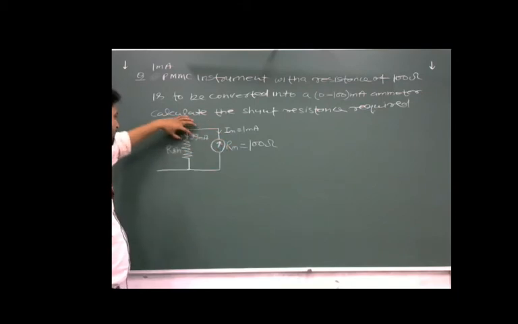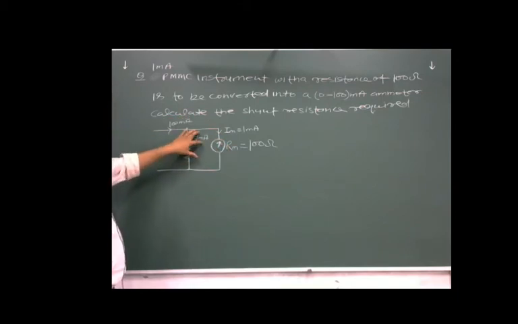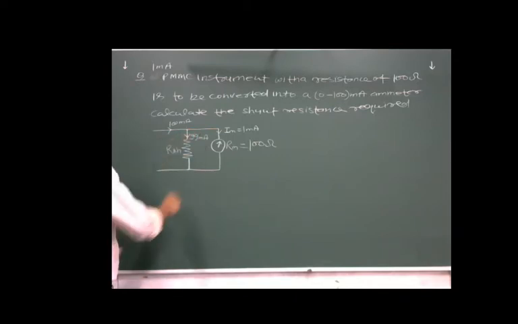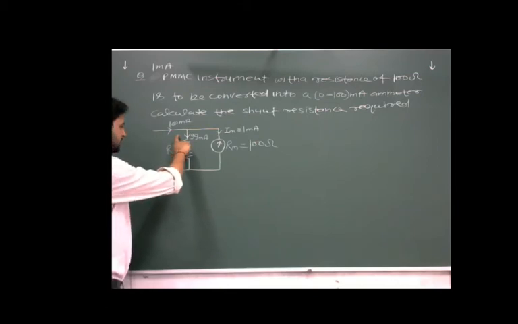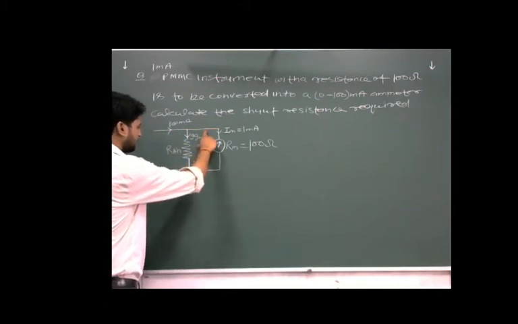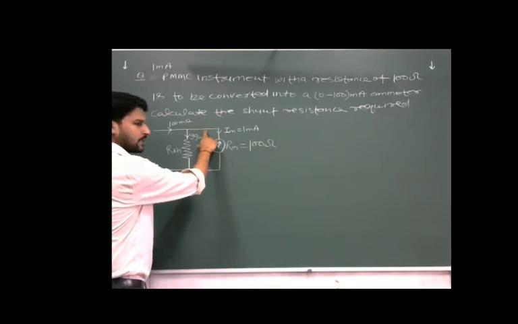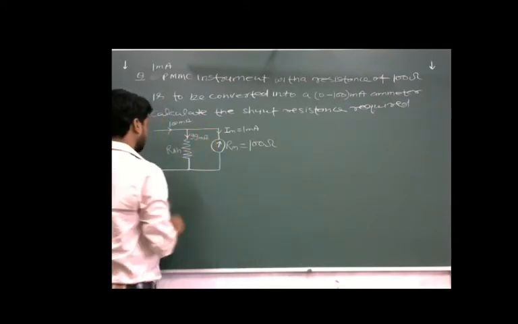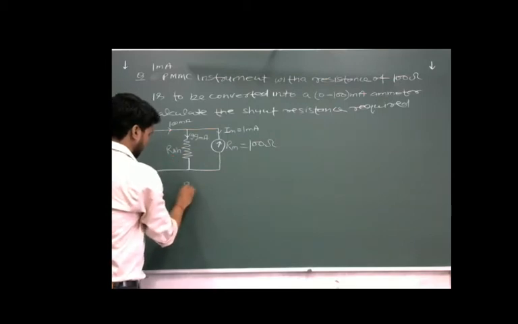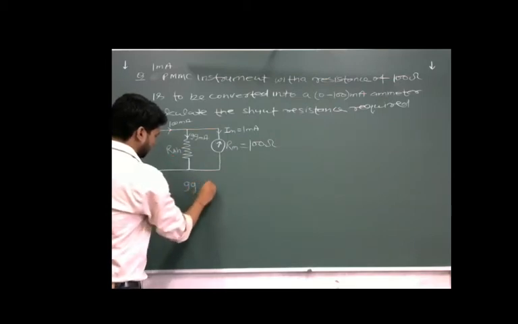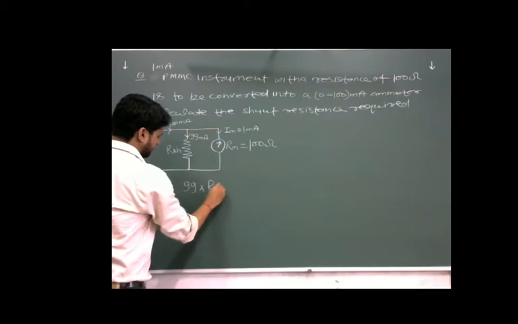So the value of current is known, and we can find the voltage in this branch. The resistance is RSH and the current is 99 milliampere, so the voltage is 99 milliampere into RSH.